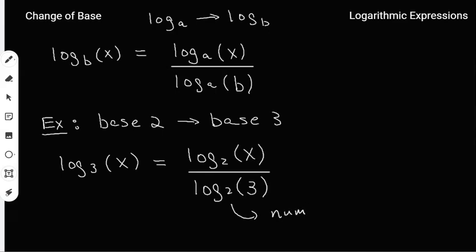It will be whatever log base 2 of 3 is. That'll just be a number. But on the top, we have a logarithmic expression with a variable of x, so we need to keep that as an expression.